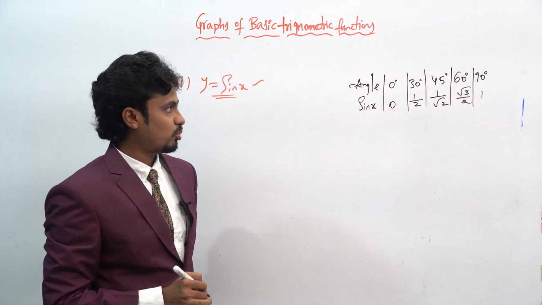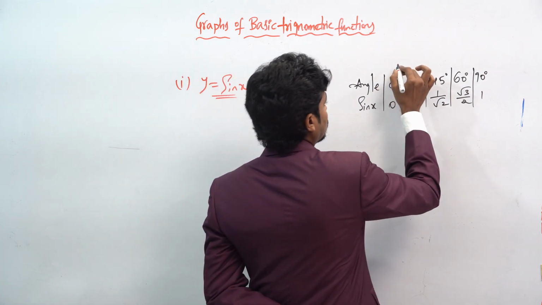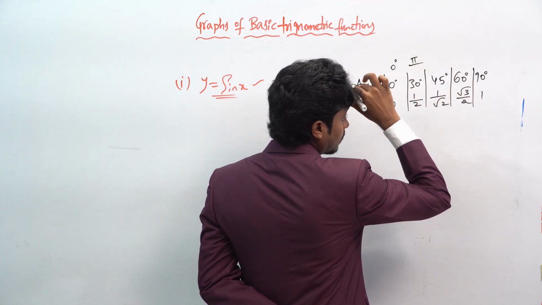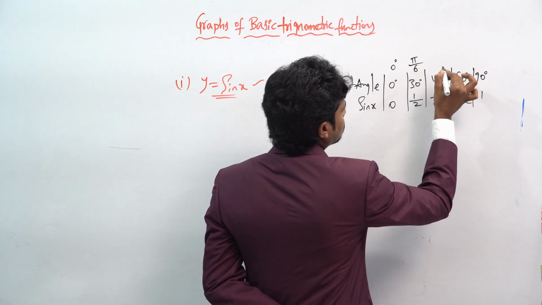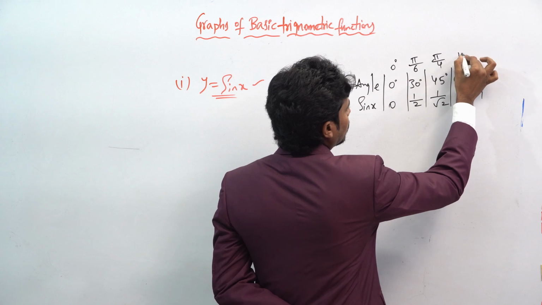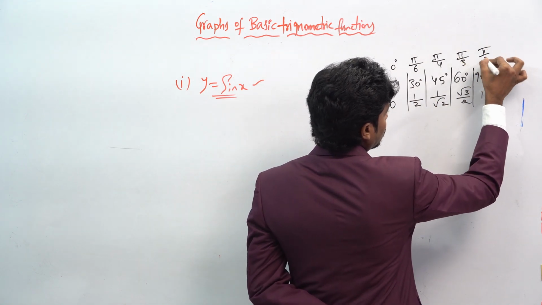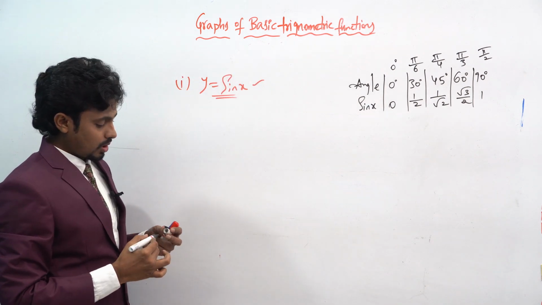Right? This was the table for sin x. So this was for 0 degrees, and here this will be for pi by 6, pi by 4, and here this will be for pi by 3, and this will be for pi by 2. Right? Let's draw the graph for this.